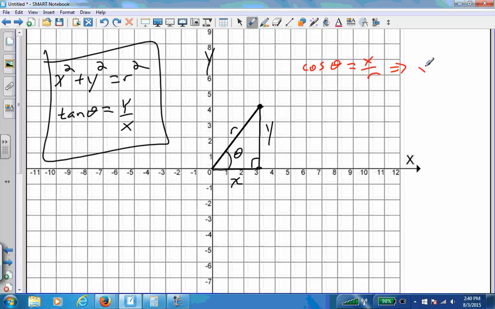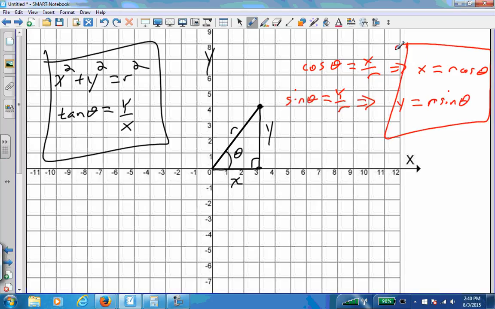So that implies that x is r cosine theta. Sine theta is y over r, which implies that y is r sine theta. So those are some more formulas I put on my formula sheet.